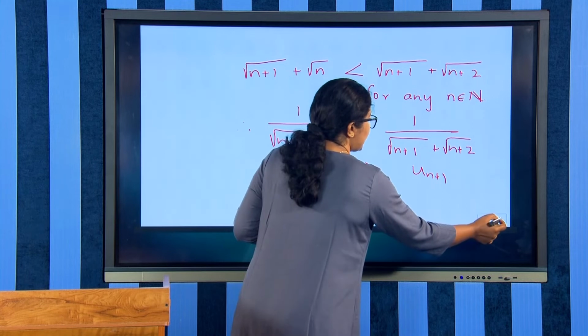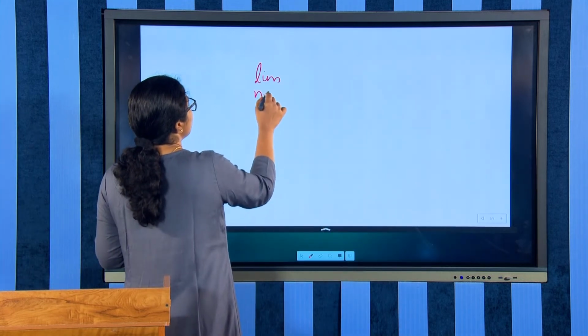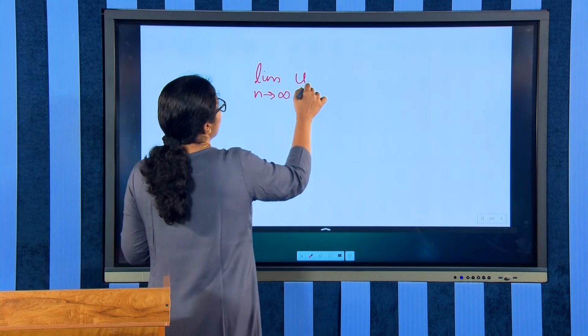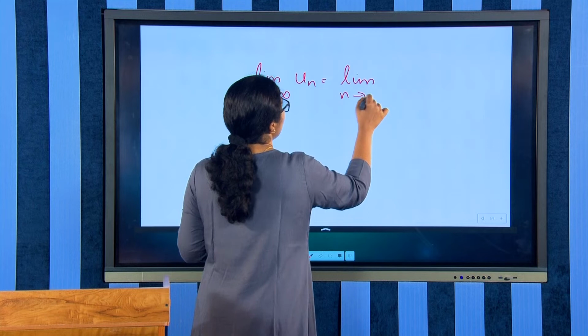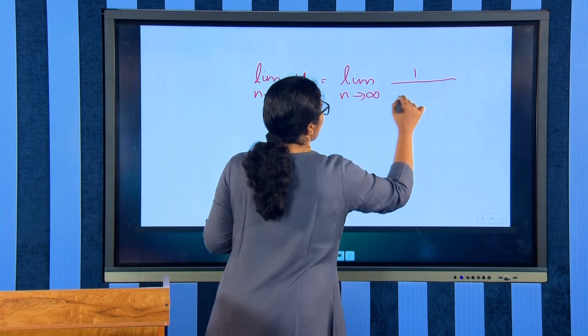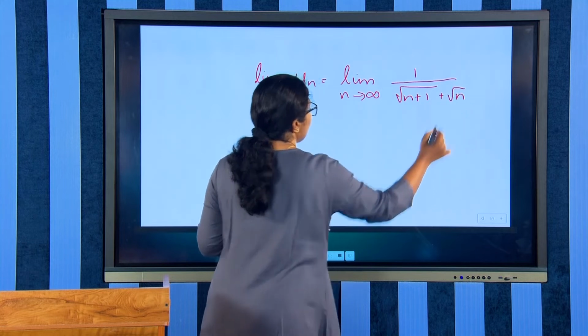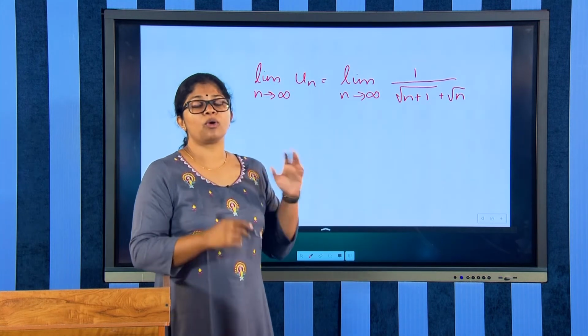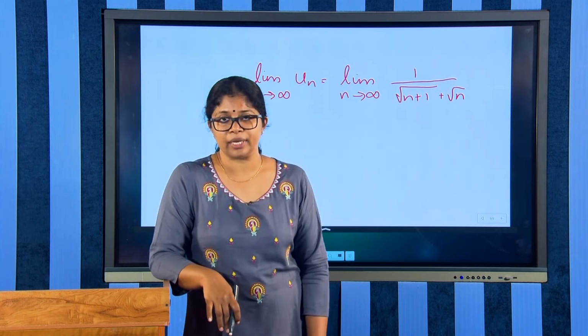Now, we need to test the limit. Where is limit n tends to infinity Un going to? This is limit n tends to infinity 1 upon square root of n plus 1 plus root n, because there is n or root n or whatever power of n coming only in the denominator.